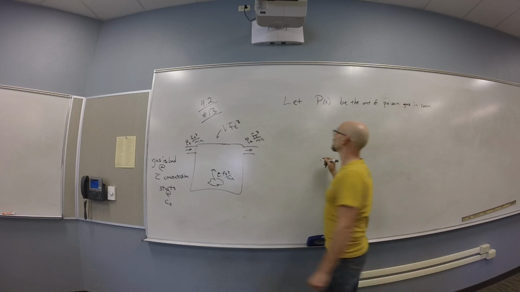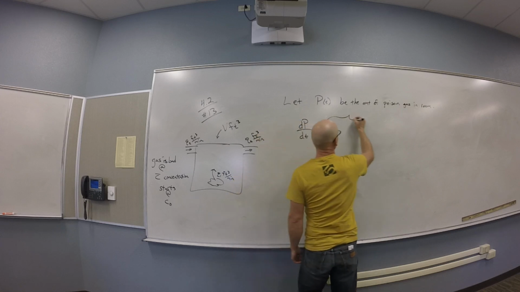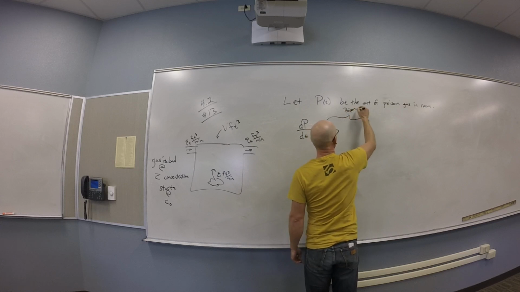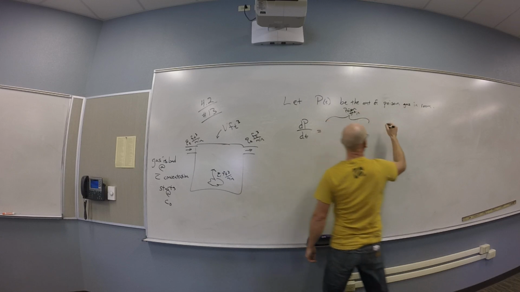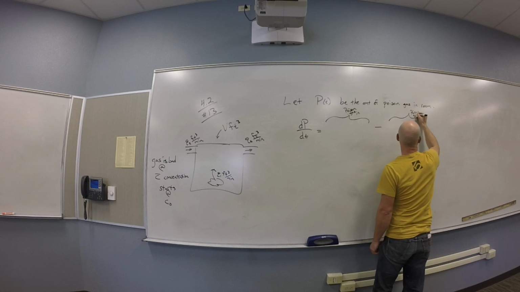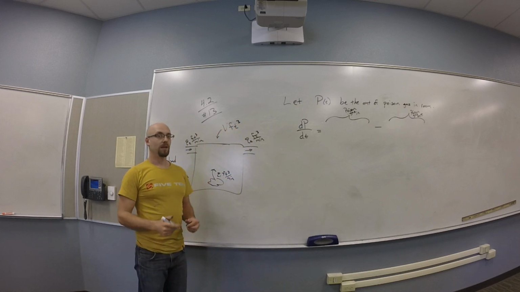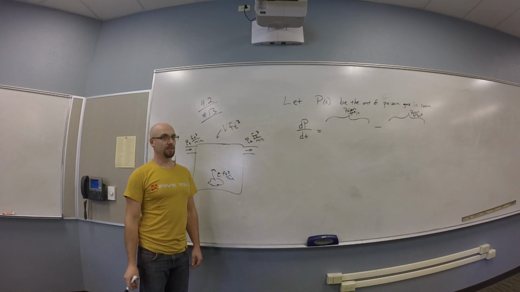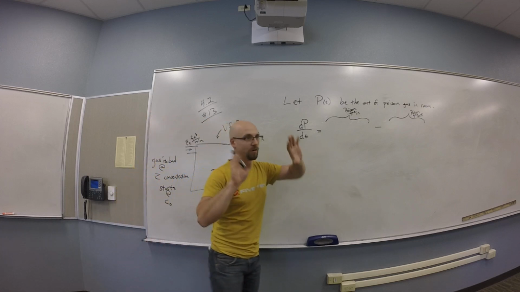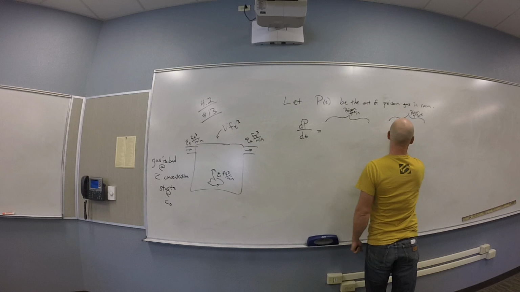So dP/dt should be poison gas in, and here we should be subtracting poison gas out. Each of these should be made of two things. Let me do poison gas out first for comparison, because I think that one will be pretty easy.